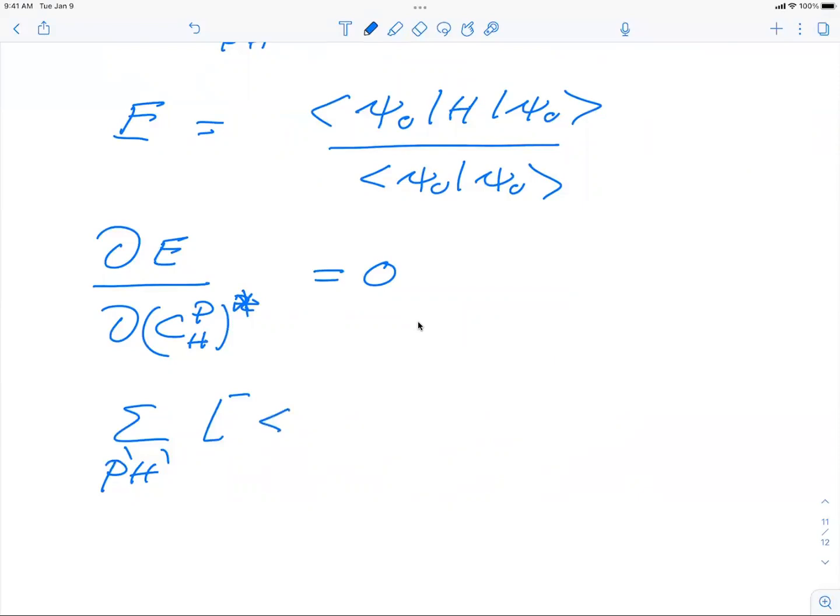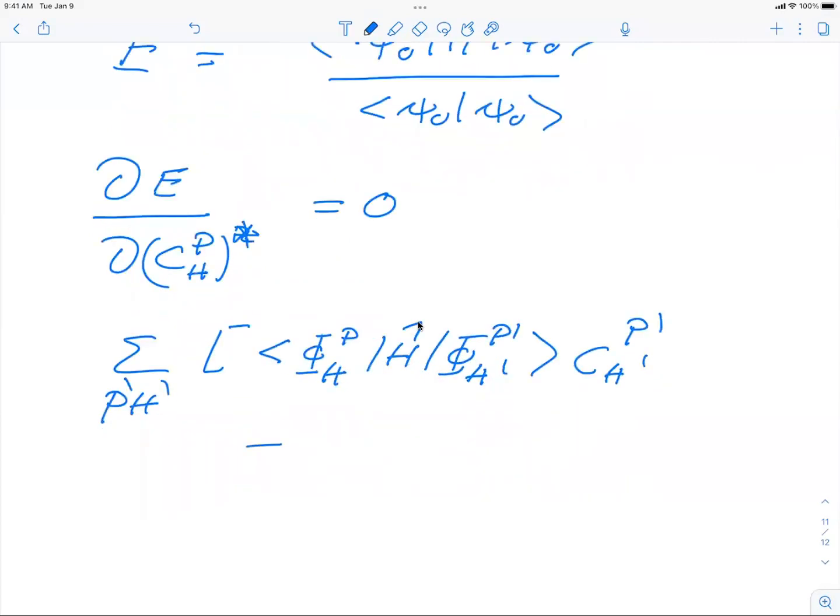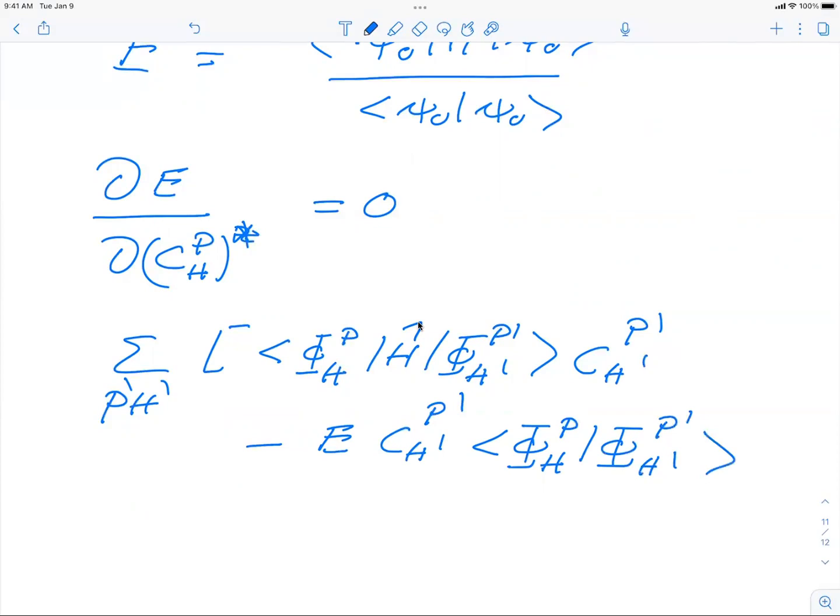So you would have a sum, we take the derivative with respect to the complex conjugate, and then I have an H matrix element between phi of H' of P', and this has a C_H'P', and this is then given by this term E multiplied with C_H'P', and then I have my states phi of H P and phi of H' P' here, like that.